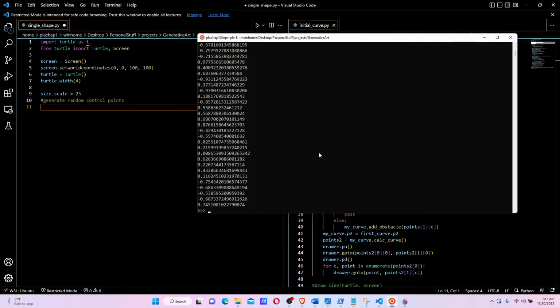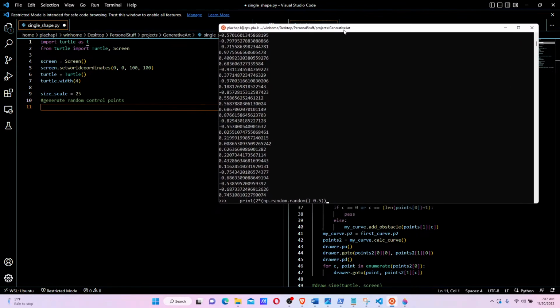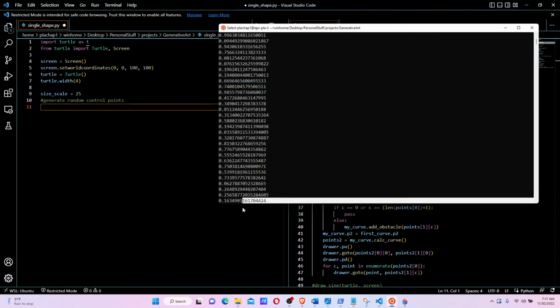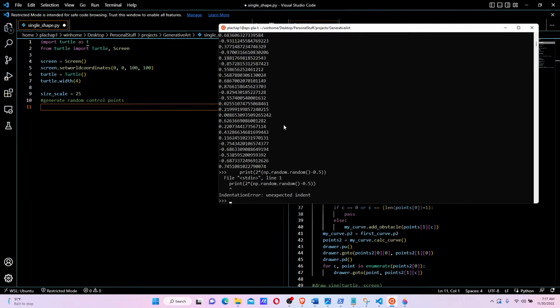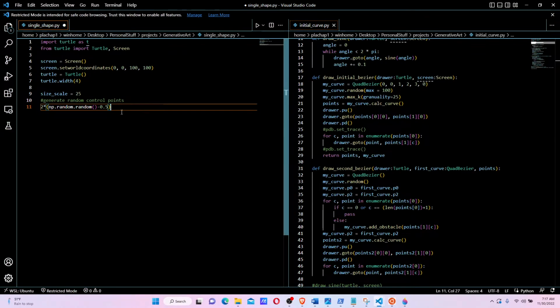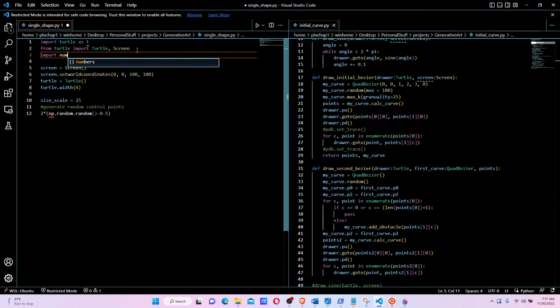Cool. So I'll just copy that. Oops. Can't copy that. Oh. I can only. So I do want to import numpy.